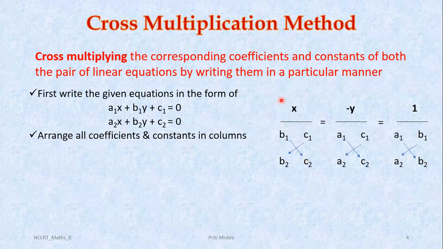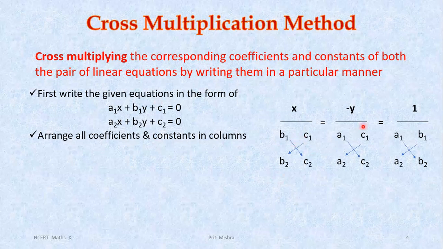For finding the value of x, we have to write the coefficients and constants in the denominator like this. How will we write it? Just consider we do not have the first column. As we have three columns, consider we do not have the first column. Then you have b1, b2 and c1, c2. In the same way, you write these two columns in the denominator below x.